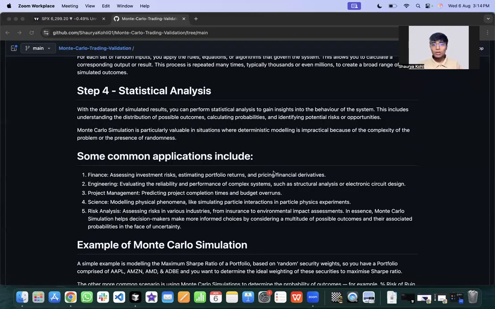So, yeah, Monte Carlo is basically you try to create situations where there is complexity or randomness, and you try to predict that randomness to forecast what would be the future.